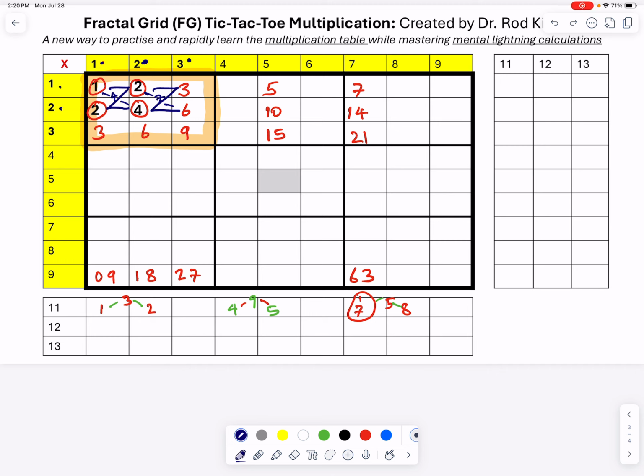And then once they grasp those rules, they can apply them to multiply even 3 digits by 3 digits. So this is just an introduction to this tic-tac-toe multiplication method, and you can have fun with it by completing the rest of the table.